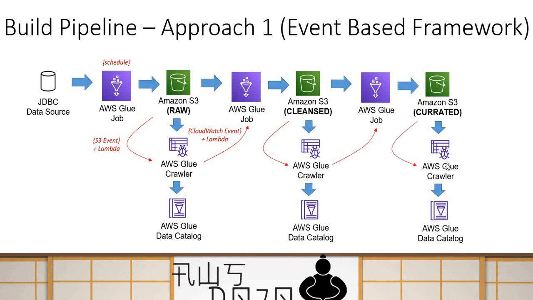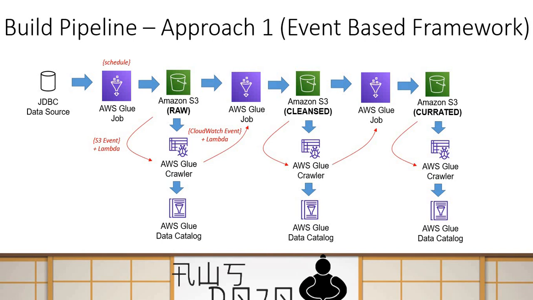And then again, the same way, the moment the data is created in the curated area of the S3 bucket, we raise another S3 event or Lambda function, which will simply run another set of glue crawlers, which are responsible for cataloging the curated data. So you can see that this is an event-based framework because events are used to orchestrate different sets of glue jobs and crawlers in a certain sequence to complete the pipeline.